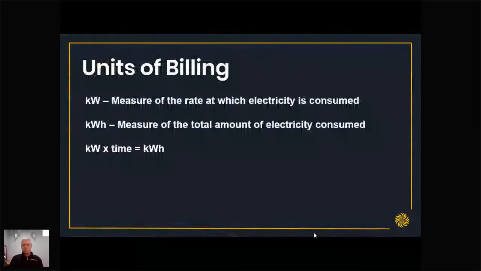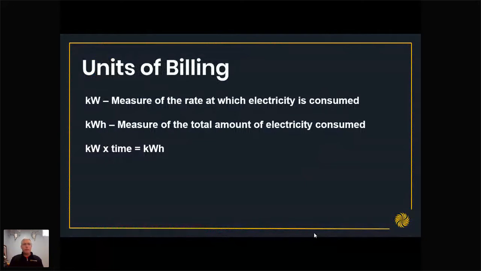So to start with, we'll go over a couple of the key units of billing that you'll see on that bill. For some people, you will see kW come up a few times on your bill. That stands for kilowatt. Without getting terribly scientific about it, a kilowatt is essentially a measure of the rate at which electricity is consumed.